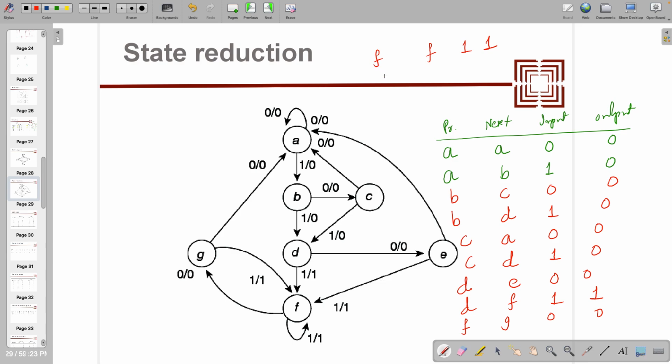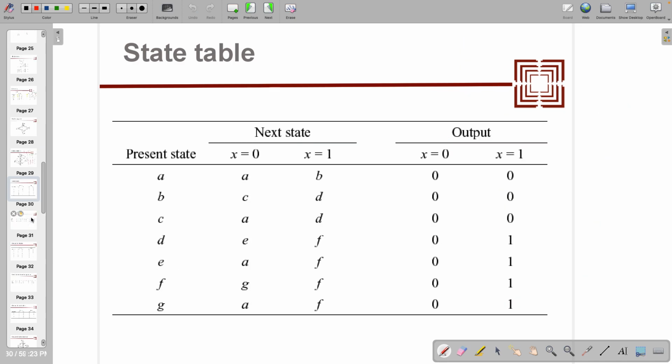Then okay, G, so next state is A, 0, 0. G, next state is, where is 1, okay, F, 1, 1, you see? So you can write down E, okay. Same thing can be written in this way also, right? X equal to 0, X equal to 1, yeah.